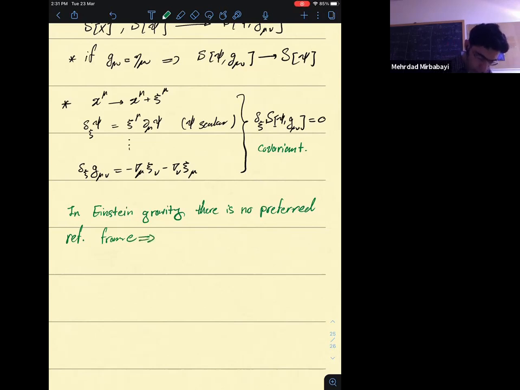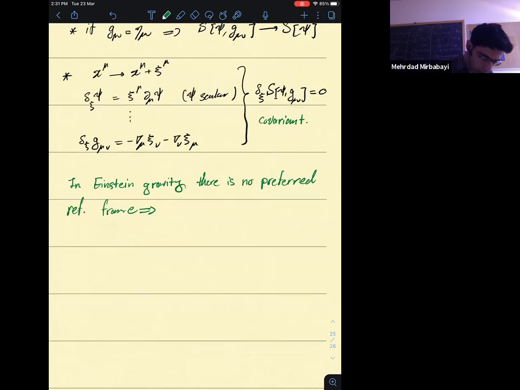Therefore, the laws of physics have to be generally covariant.